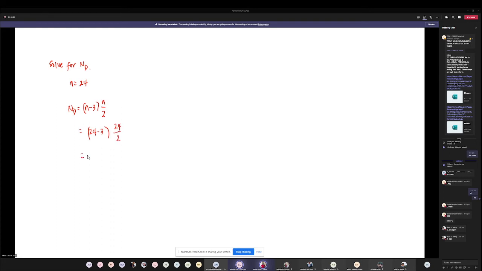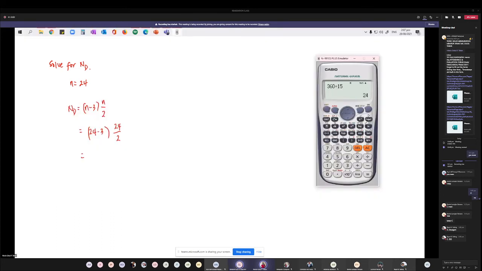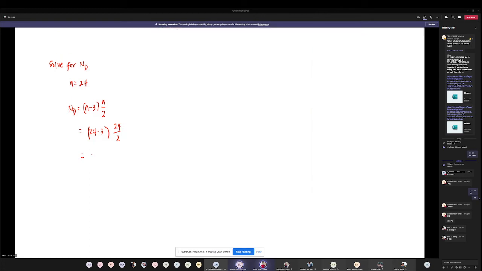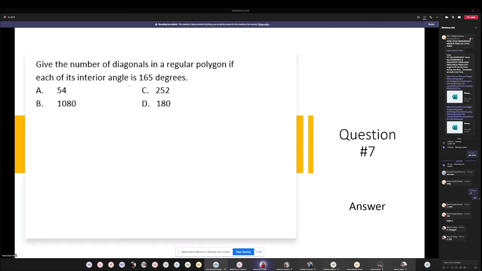That's 21 times 12, which is 252. So there are 252 diagonals for the polygon with an interior angle of 165 degrees.